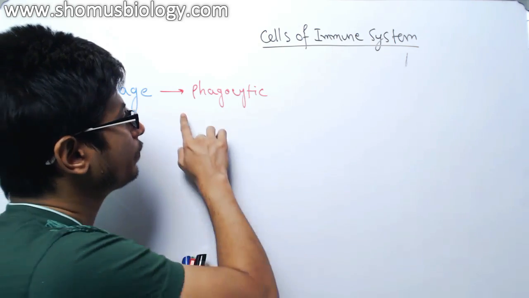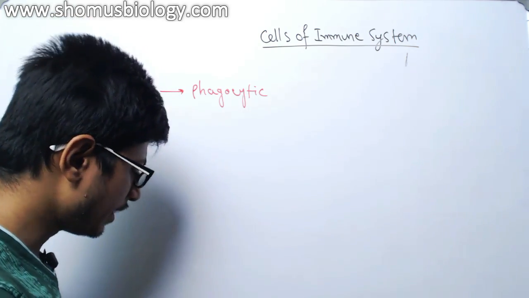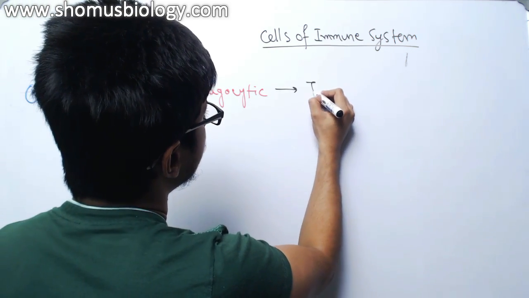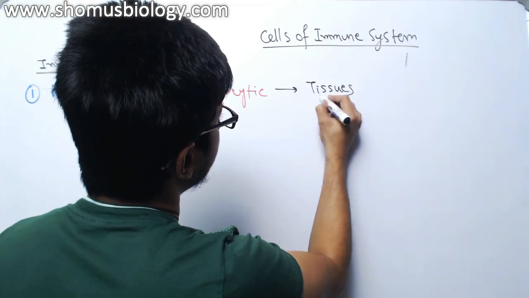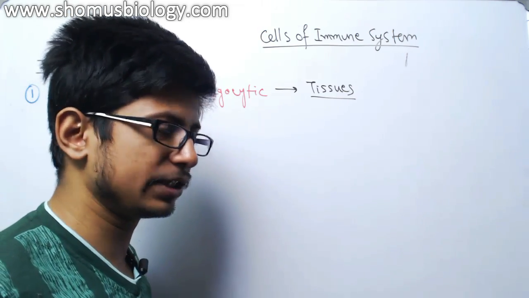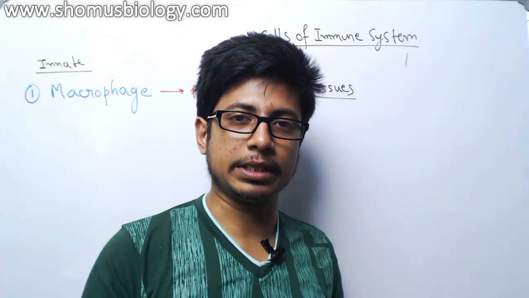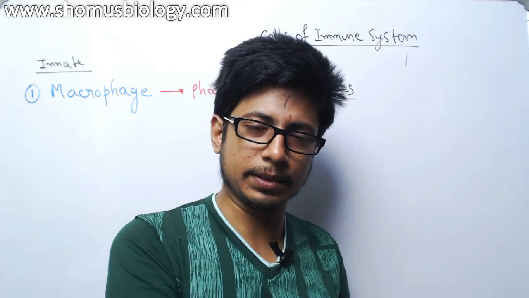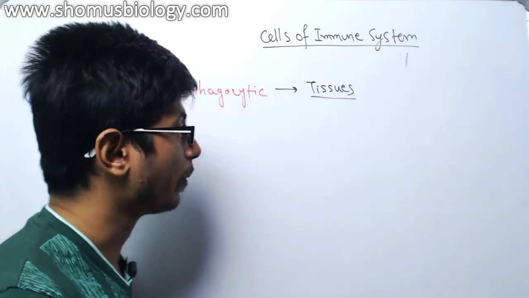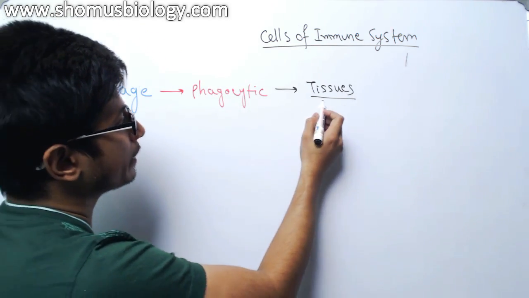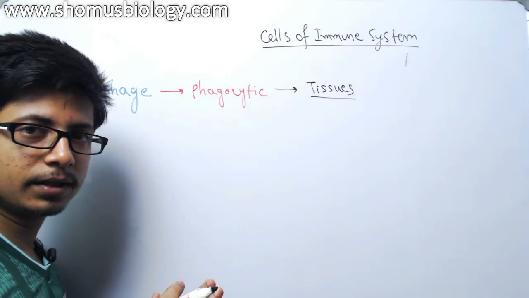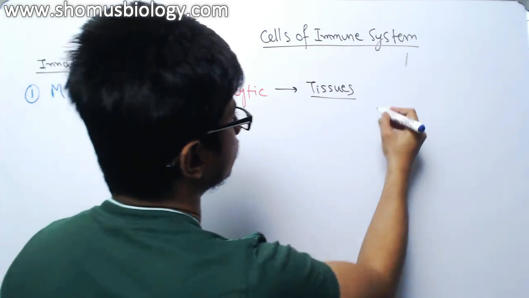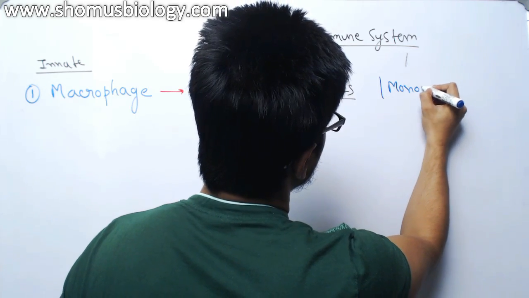So a phagocytic cell is present, and macrophage is normally present in the tissues, in different regions of our body, in the intestinal tissue, the gastric tissue, and our skin tissue underneath the skin. Now normally macrophages are originated from monocytes.